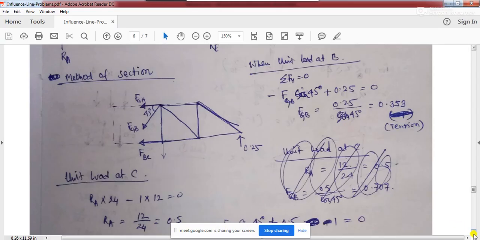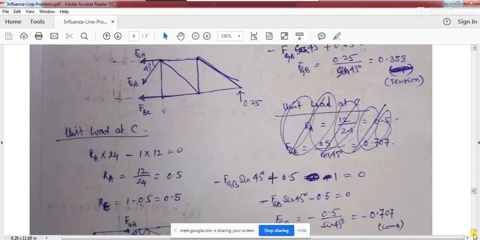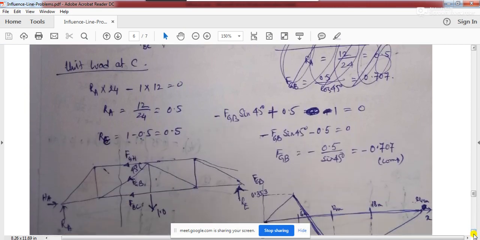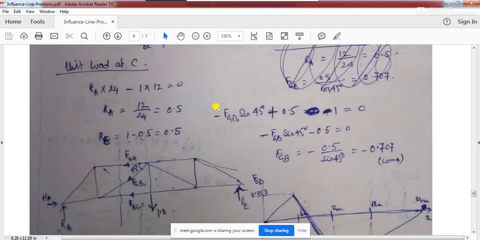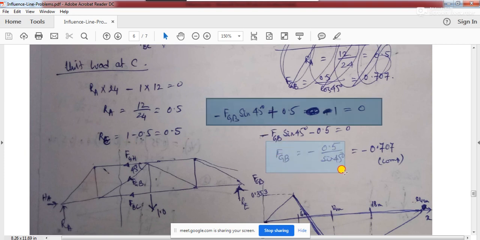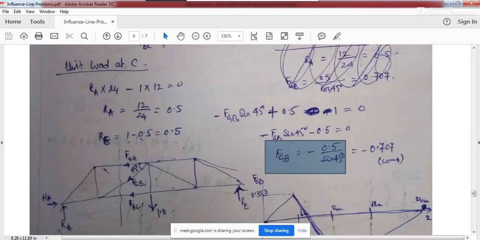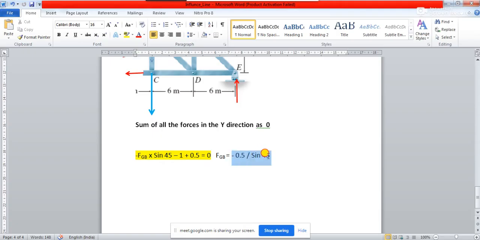Let us go back to the handwritten solution again. See, that's what we have done here. When the unit load is at C, this is what we have calculated, RA and RE, and if we consider the vertical equilibrium, the summation of all the forces in the y direction is 0. So this is the equation we have written, and finally we have written FGB is equal to minus 0.5 by sine 45, and this is what we are also getting.